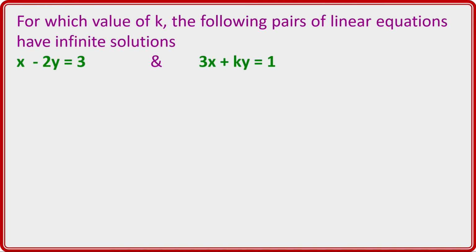Next problem, children. For which value of k do the following pair of linear equations have infinite solutions? The equations are x minus 2y is equal to 3 and the second equation is 3x plus ky is equal to 1.